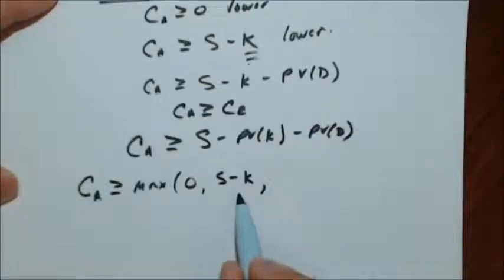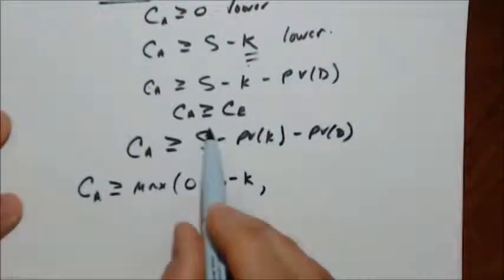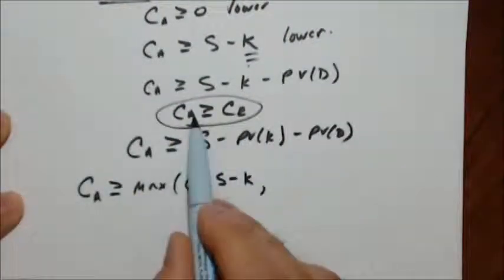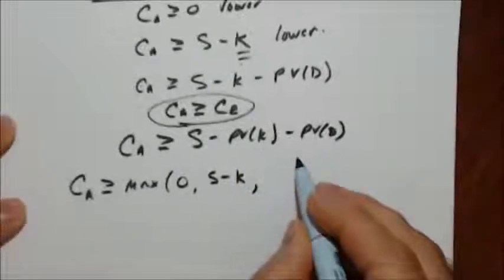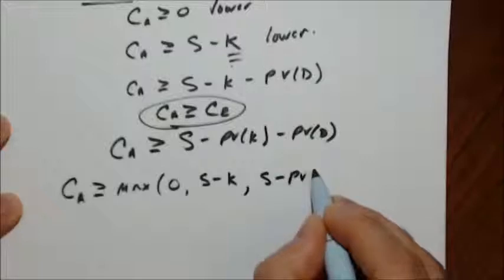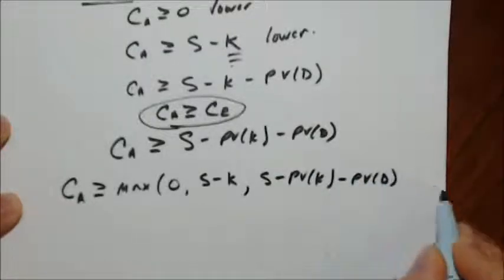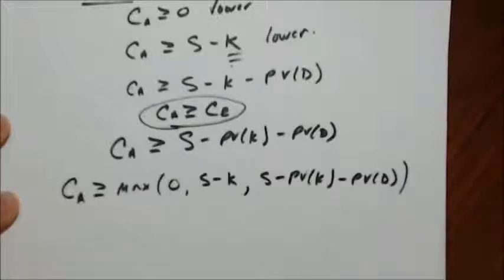And then, since the American has to be greater than or equal to the European, we can write the third bound as being S minus the present value of K minus the present value of dividends. Whew. So you get that triple bound.